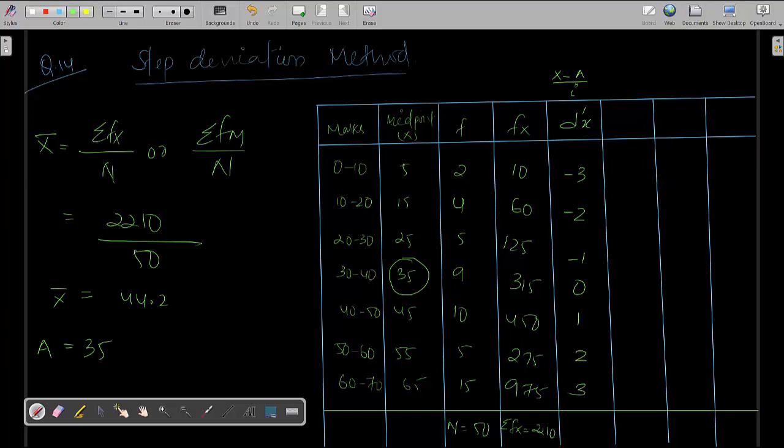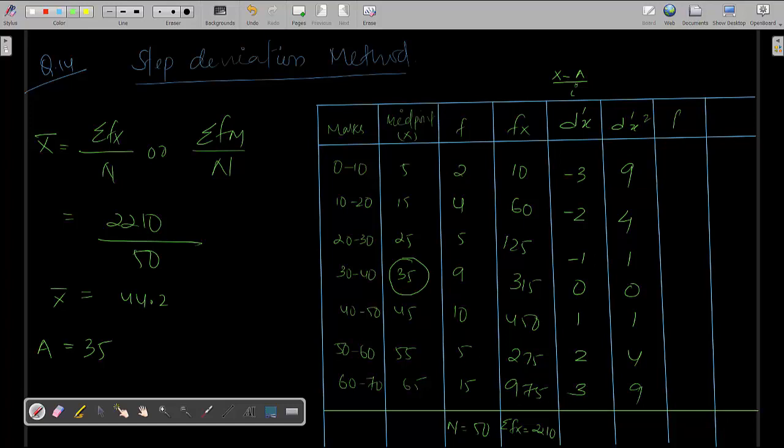Okay, so now we have to square this value. Square up this value. So minus 3, 9; minus 2, 4; 1; 0; 1; 4; and 9. Clear? So now we have both d dash and d dash square.